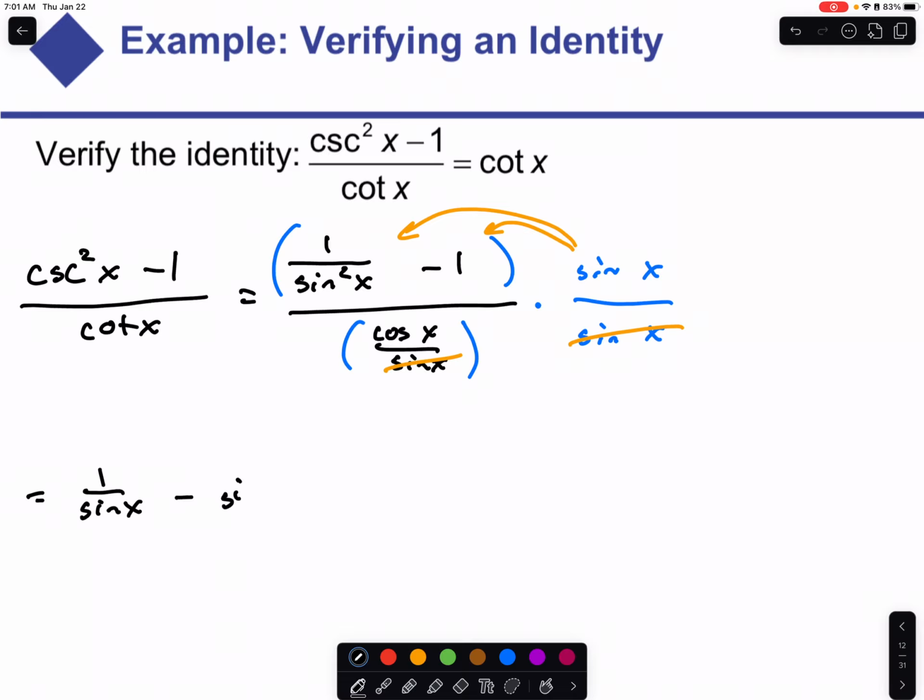Minus sine of x over cosine of x, if we multiply by the reciprocal. Cotan, we're looking for cosine over sine.